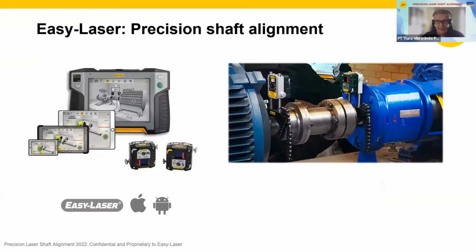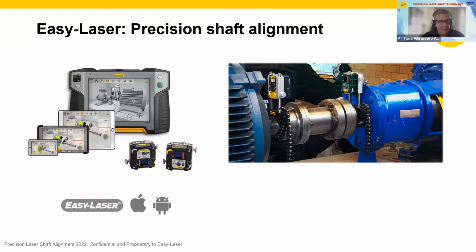Instruments like this, that's the Easy Laser XT770, allow a user to perform laser alignment with high measurement precision and very convenient usability. The whole system is app-based. It can operate on the default display unit, but it can also communicate with the same app, which is an Android or iOS-based app.